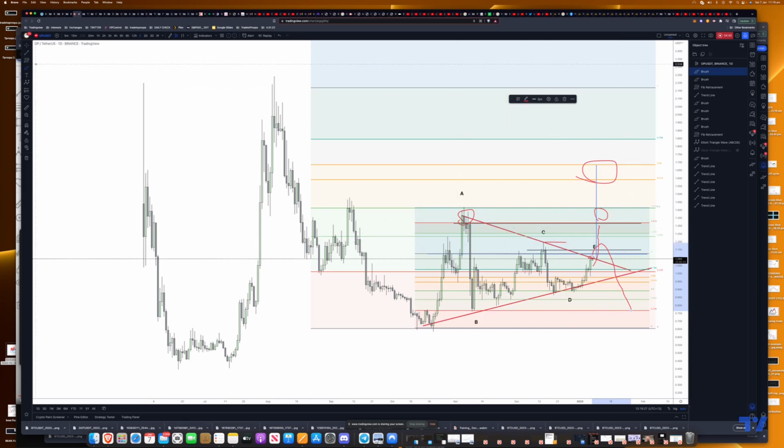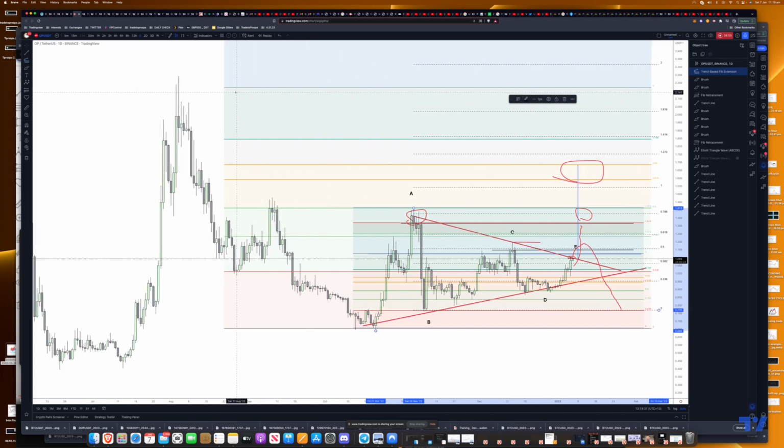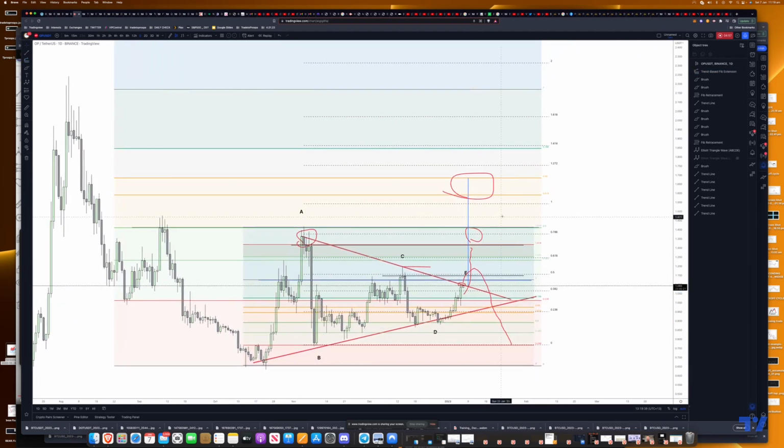Let's see from another perspective. If I was to get a swing high, swing low, and swing high, we have our fibs as well. So currently it's broken this 0.382.